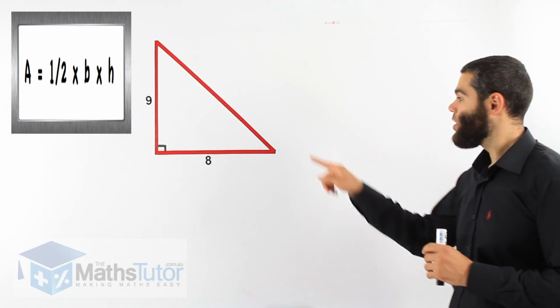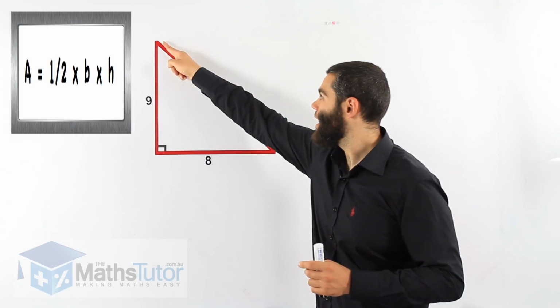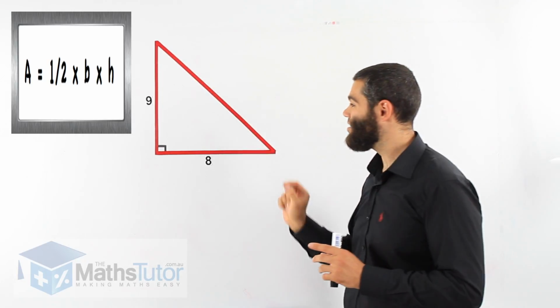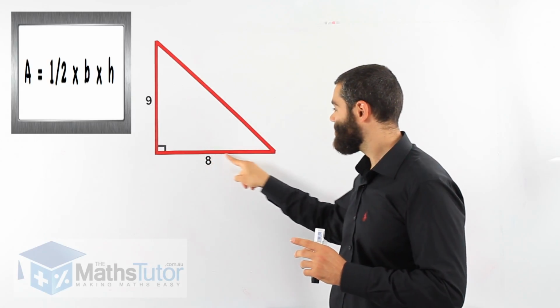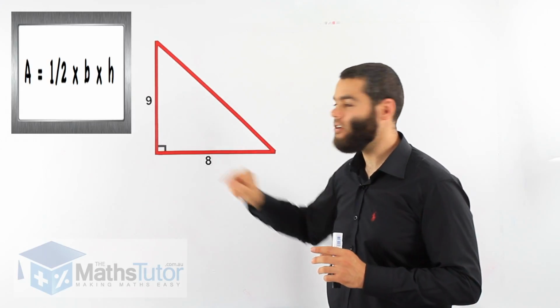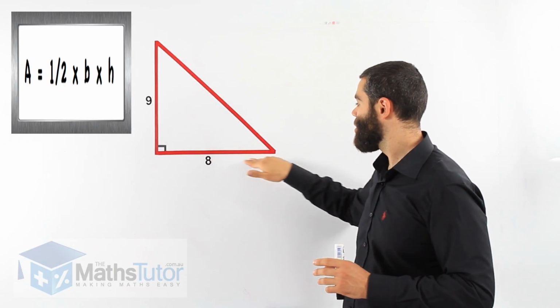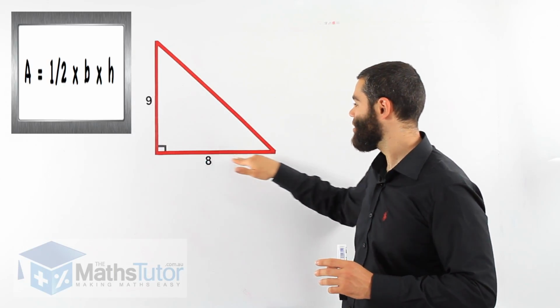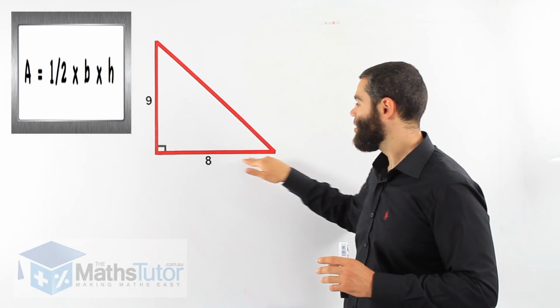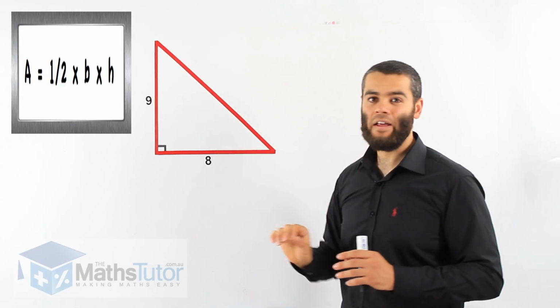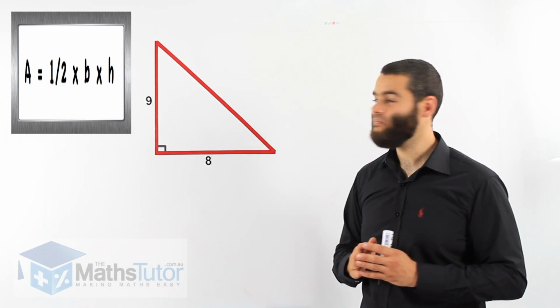Now notice we have a slant height and we have our vertical height, and we said the vertical height is the one that meets the base at right angles, at 90 degrees. So the height is perpendicular. Perpendicular means it meets the base at a right angle. So the height and the base meet at right angles. Very important rule to note.